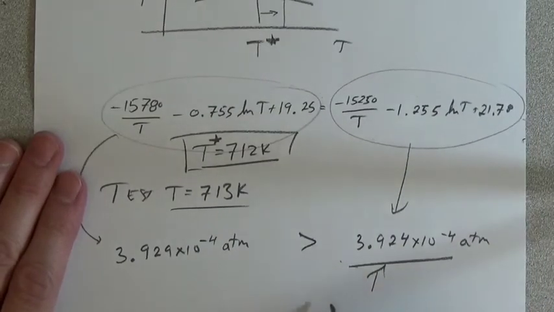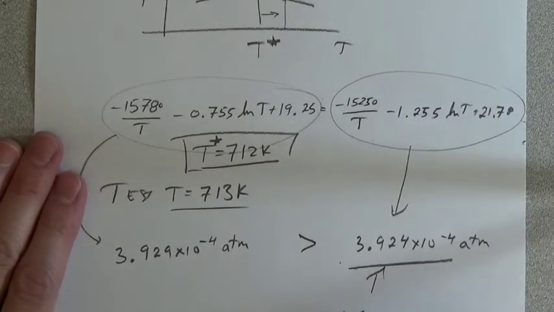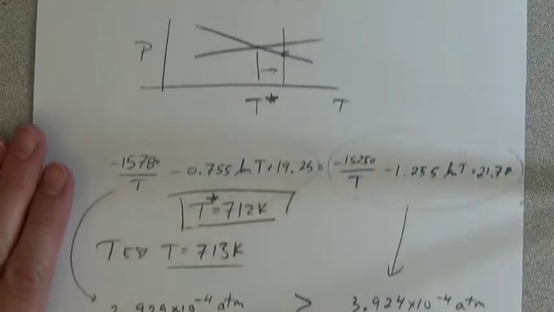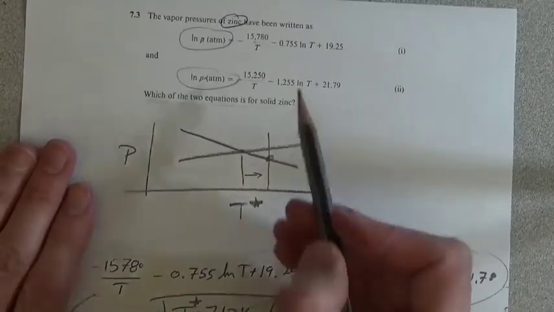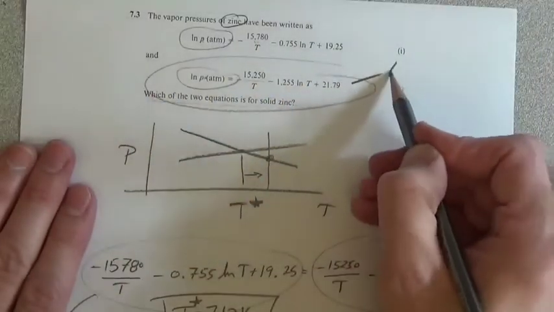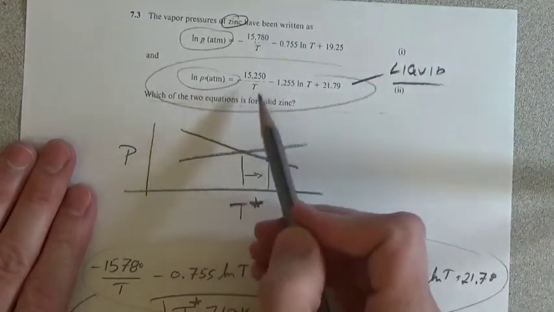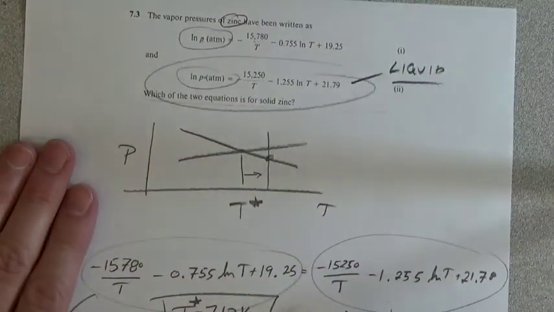This is the liquid. And looking in the back of your book, we indeed find that this is the expression for the vapor pressure above liquid zinc.